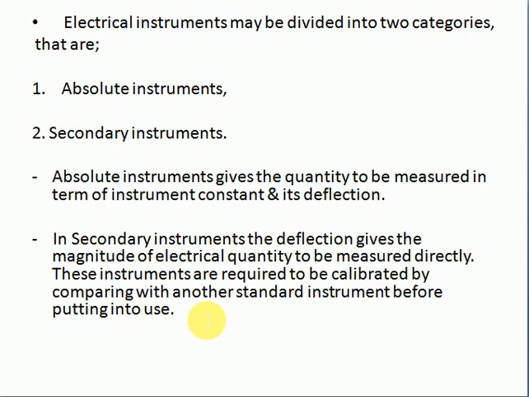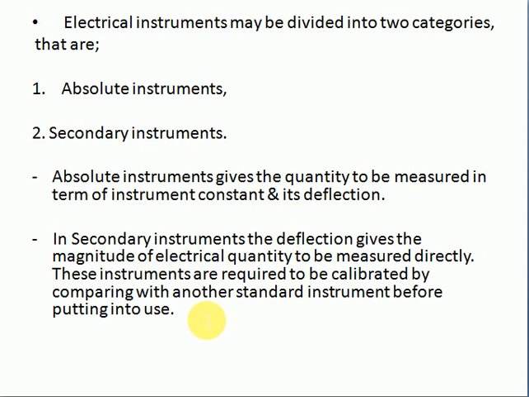Okay, before use we have to calibrate this kind of secondary instrument with the standard instrument. Okay, if we need an ammeter, then to calibrate the ammeter we connect a better standard ammeter and calibrate against it. Okay.